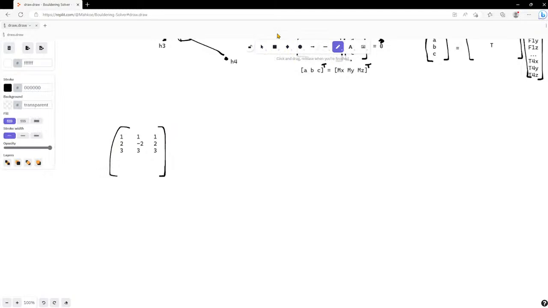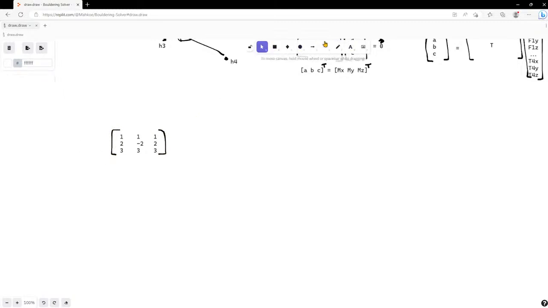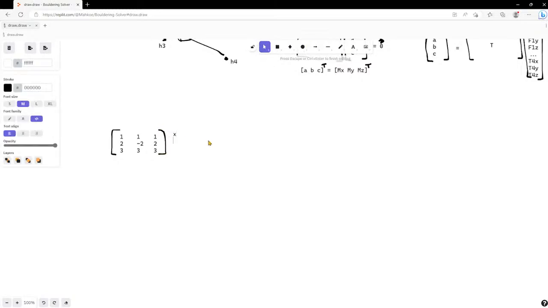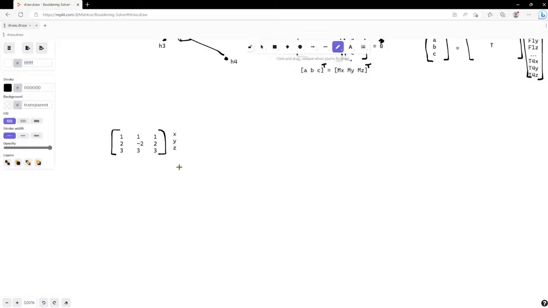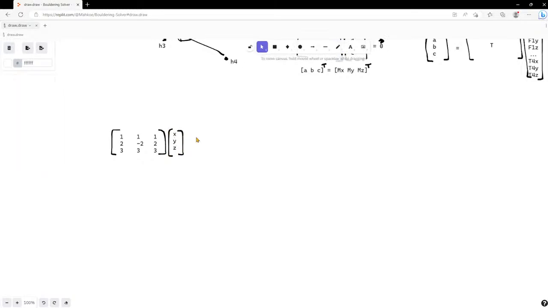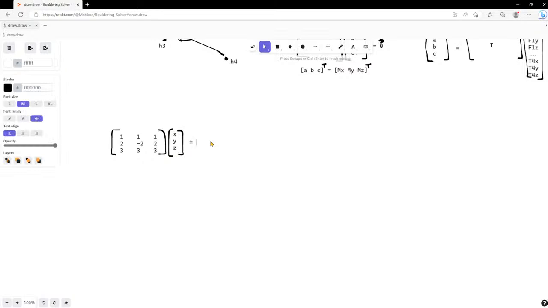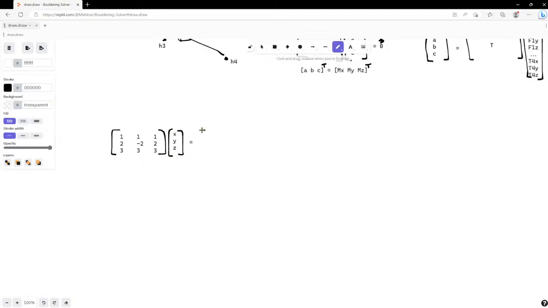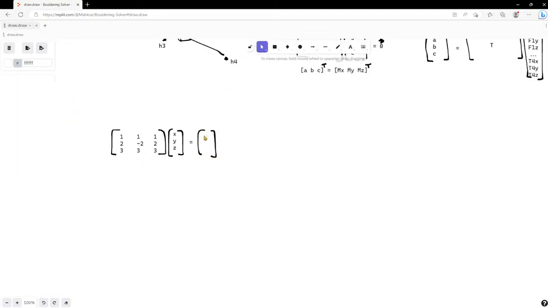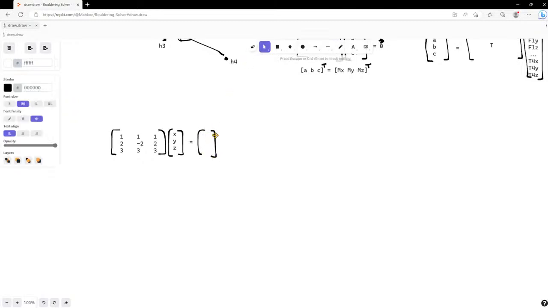Not to scale. Well, I guess this is something I always did wrong. Something I always realized when I was doing my linear algebra homework back in the day is that you should draw the numbers first and then draw the brackets. Anyway, times x, y, z equals. And in general, this right-hand side can be non-zero. So let's just call this, I don't know, a, b, c.